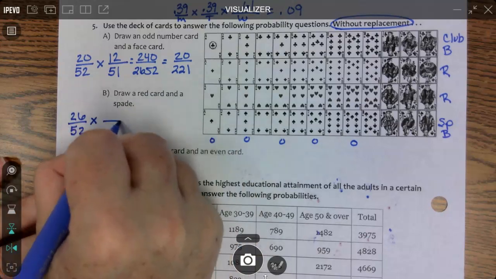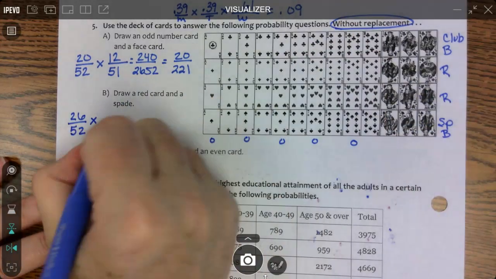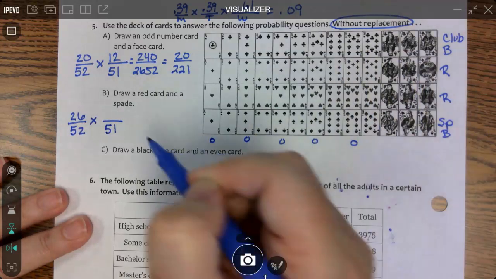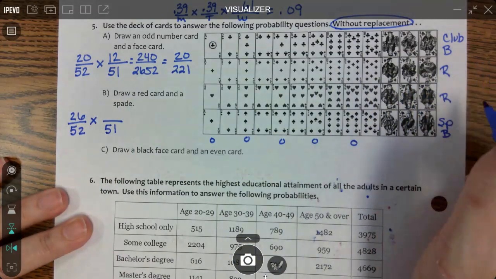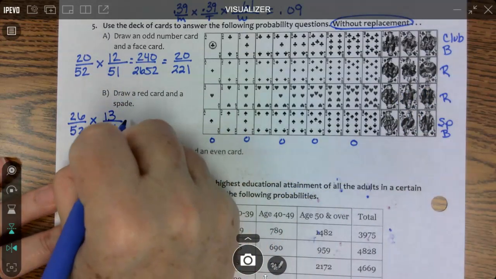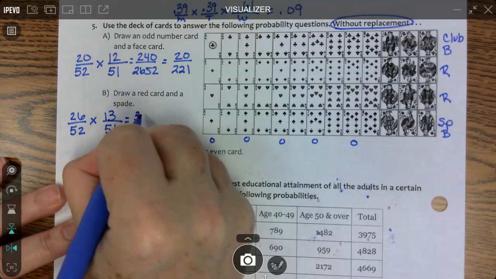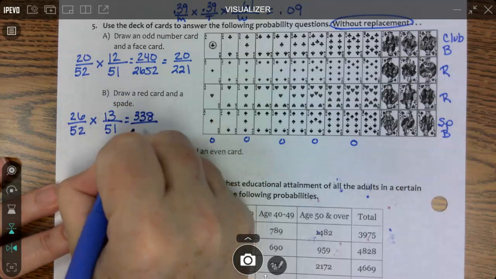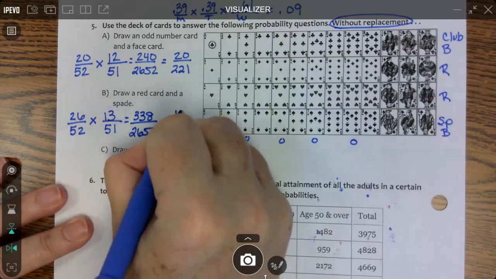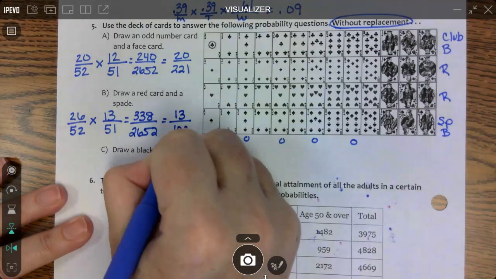And now remember, it's without replacement, so we're going to go down to 51. And a spade. So where are my spades? Right here, and there's 13 of these. So this will be 338 over 2652. And this is going to reduce to 13 over 102.